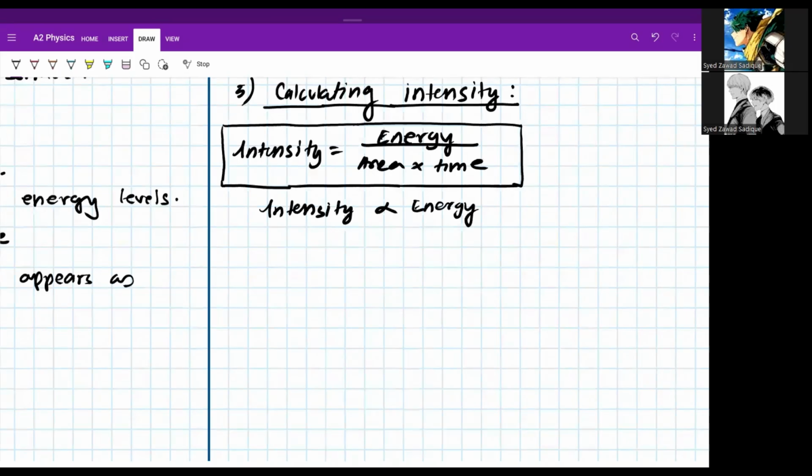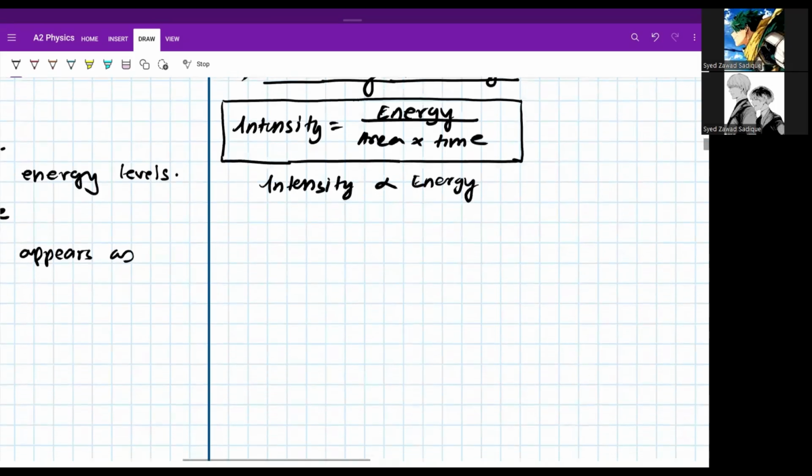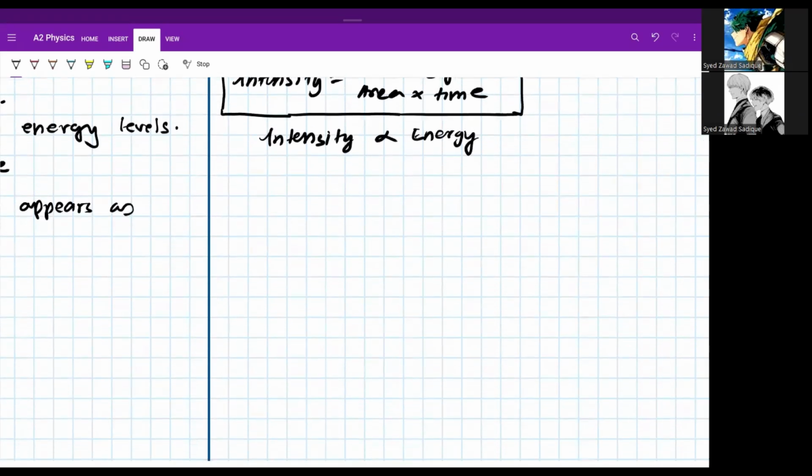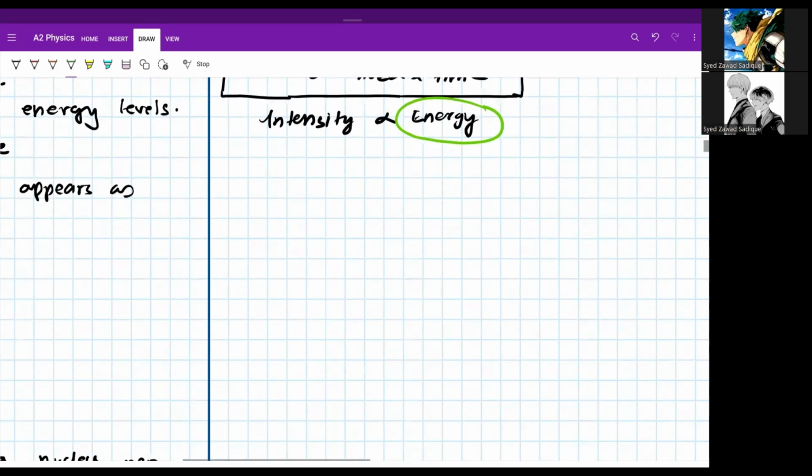Nice and easy. Okay, now, since it's proportional to energy, this very same energy also has a formula.